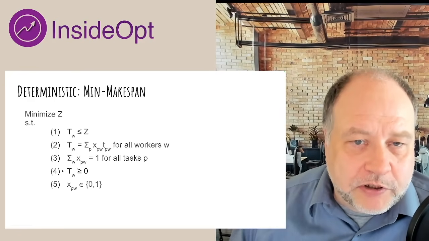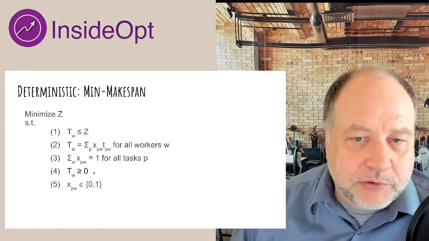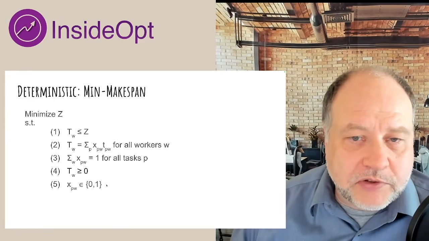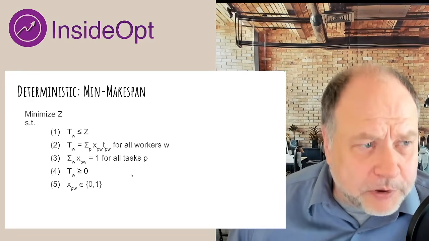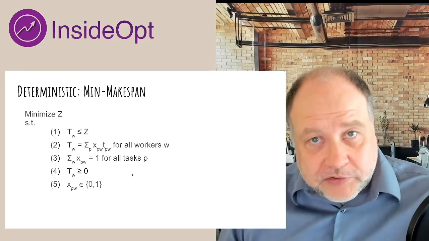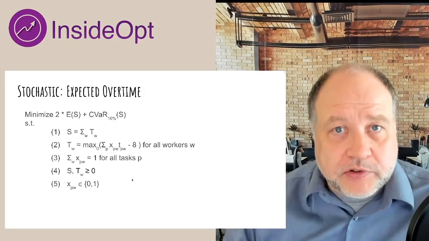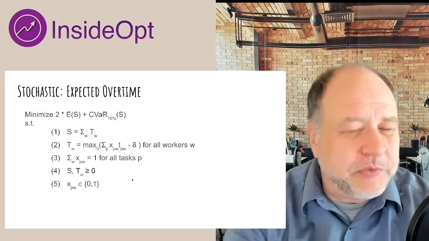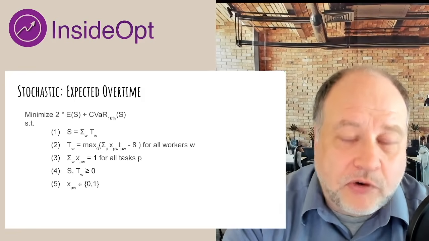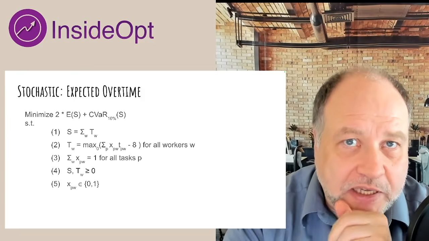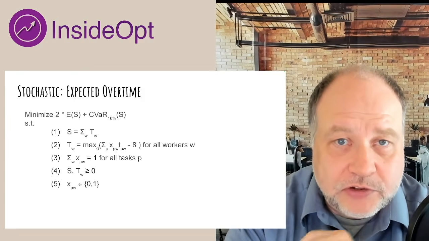And, of course, our times here are greater or equal 0, and these assignments are 0, 1. This is one way of formulating the problem. And we will contrast it with a stochastic version of the problem, where we take into account that we do not exactly know how long or how difficult these tasks actually are and how long the worker is actually going to need to do this.